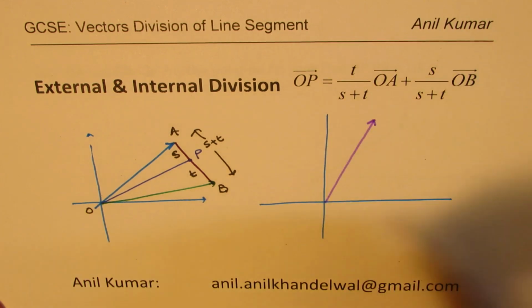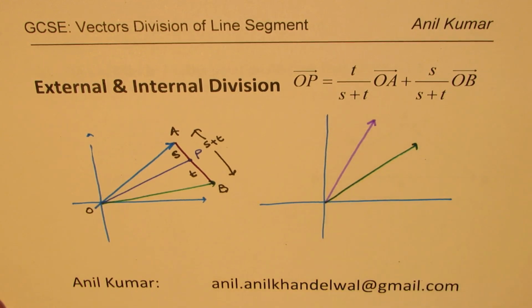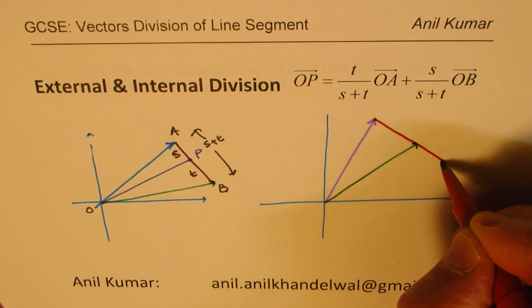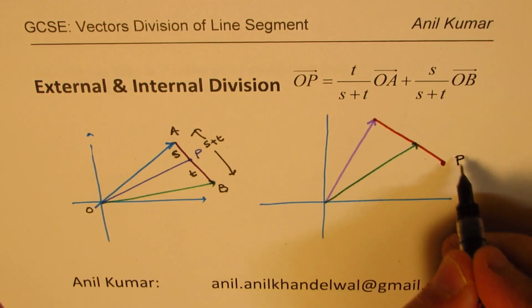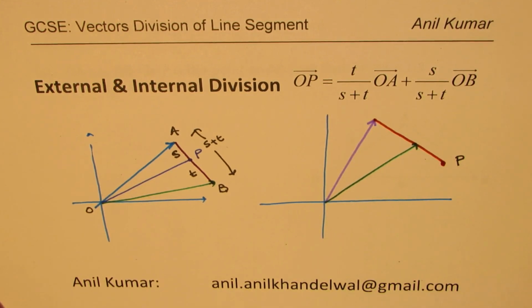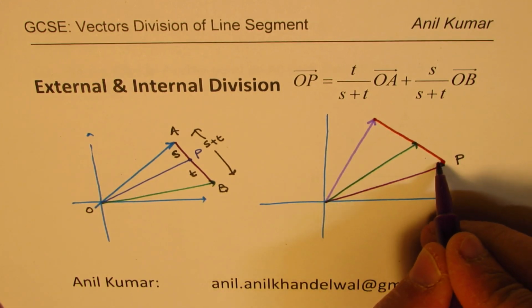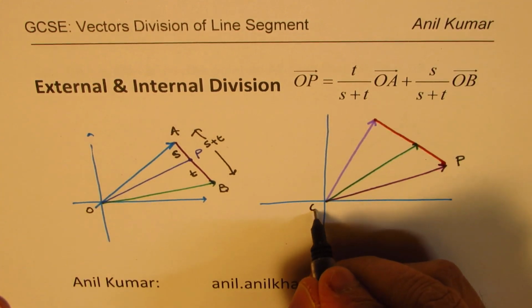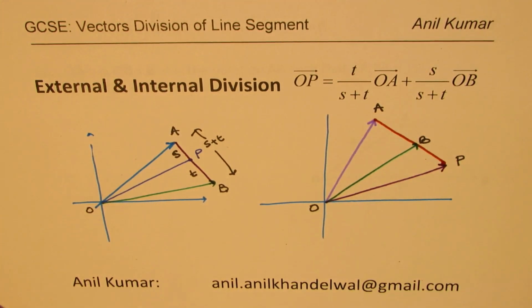Let's say this is vector A and this is vector B, and the line segment which joins A to B is divided externally by a point P. We need to find the coordinates of this point, that is to say, position vector OP. What we are given here is position vector OA and position vector OB.